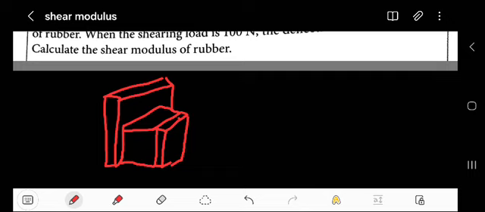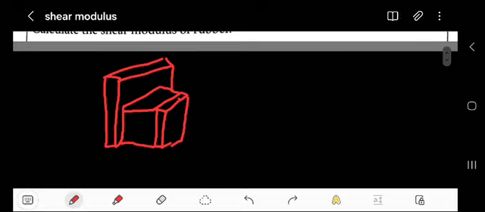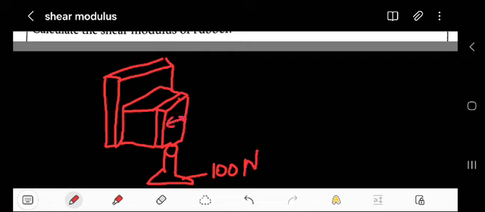So here it has some clips there. It has some sort of like this thing, and then this thing is 100 Newton. Then this distance here, we have given it to be 25 millimeter.